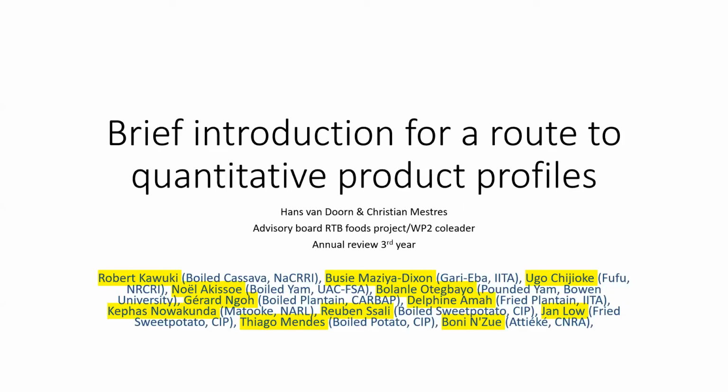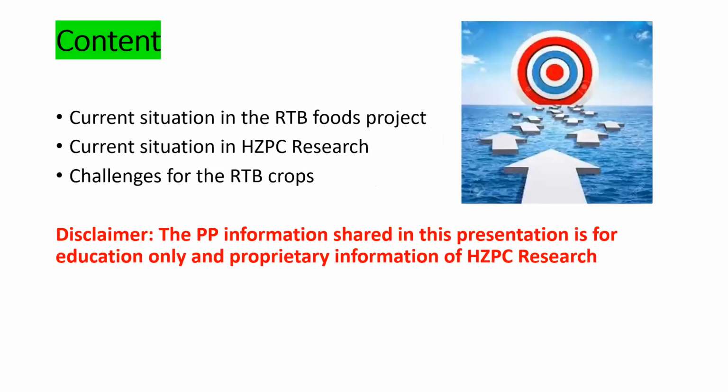ask or forward questions that are relevant and need to be answered in the later discussion. So to put things in perspective, I made a small presentation about product profiles and to compare the product profiles in RTB and the state of where they are currently in and our profiles in the company. And then we have some challenges to optimize product profiles, what I call quantitative product profiles.